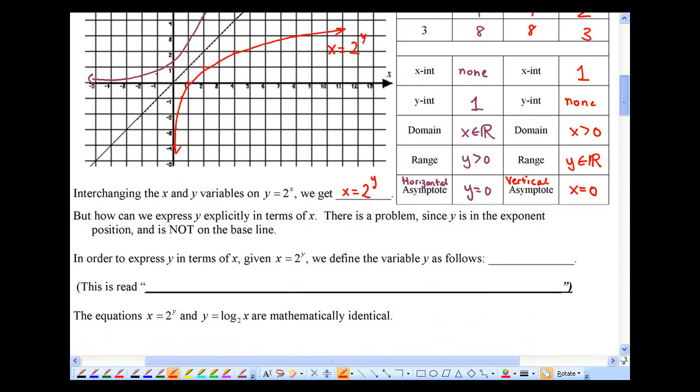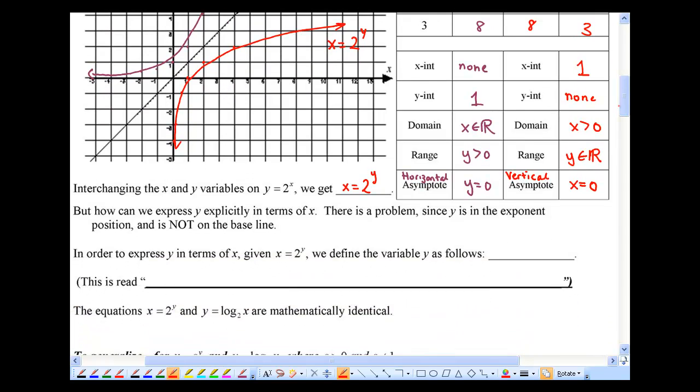So in order to express y in terms of x, given that you have x equals 2 to the power of y, we define y as follows. And we'll write something like this. y equals, and you'll see log with a small 2. It's a subscript, okay? Small little 2, and then an x. Okay?